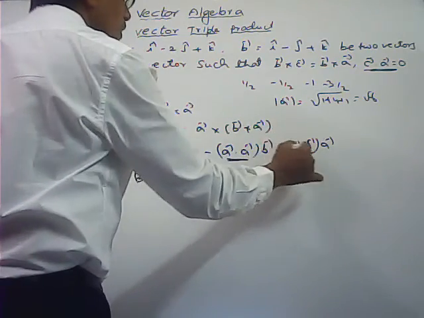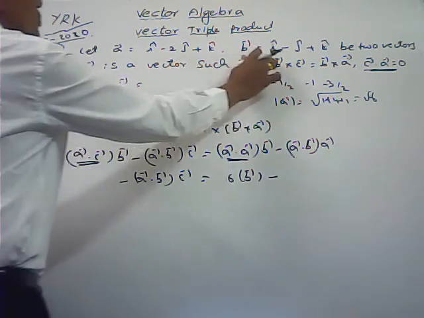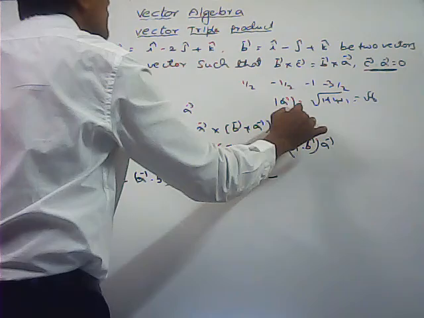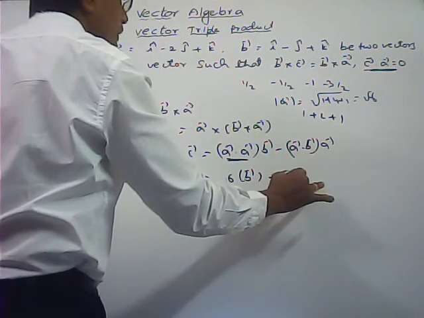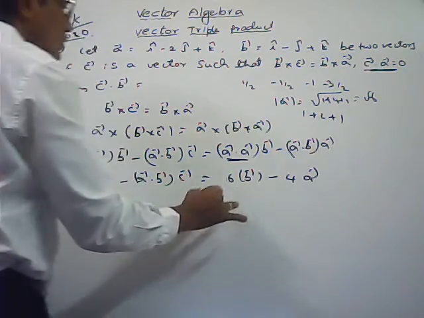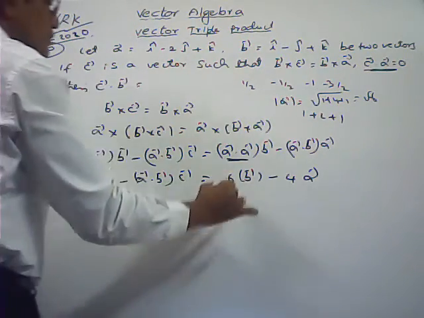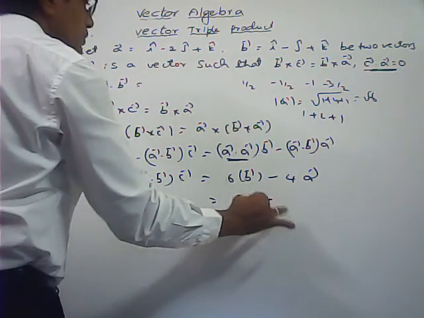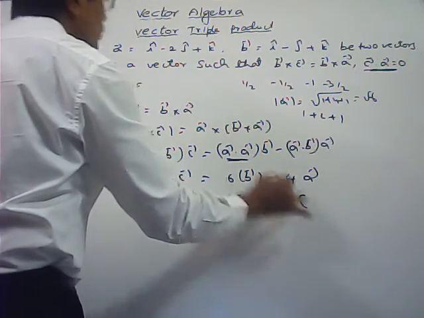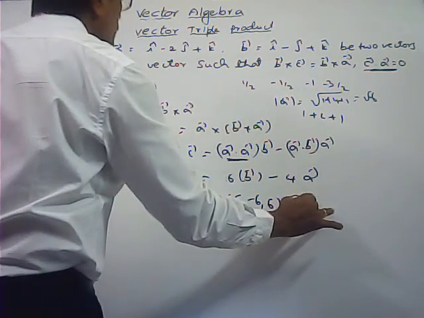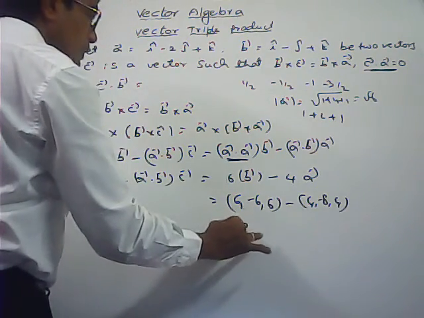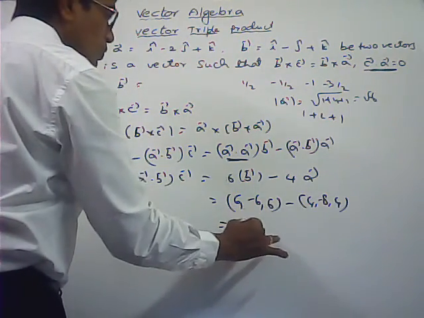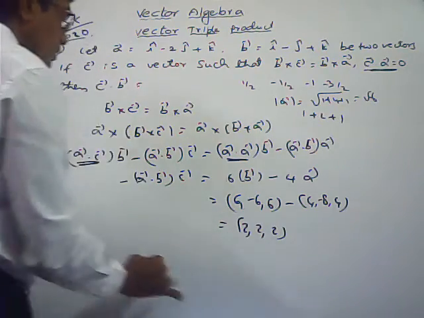Next, A bar dot B bar, what is the dot product of these two? That is 1 plus 2 plus 1, that is 4, into A bar. So 6 into B bar minus 4 into A bar: 6 minus 4 is 2, 2 minus 8 is 4... that is 2, 2.